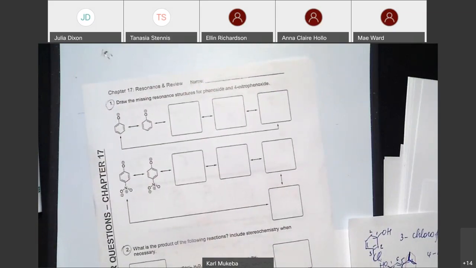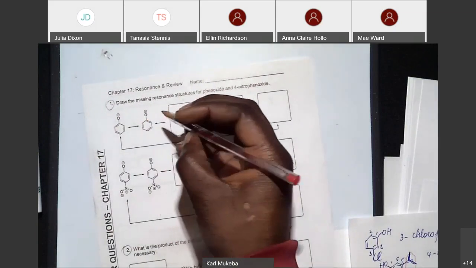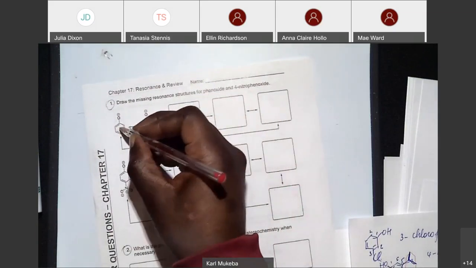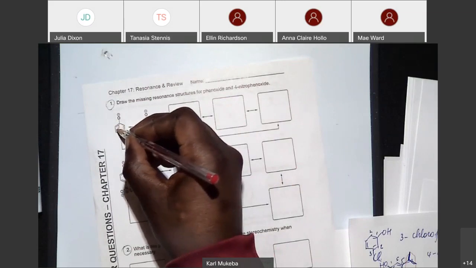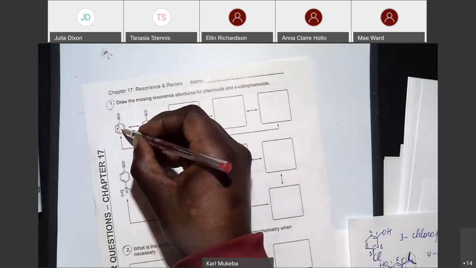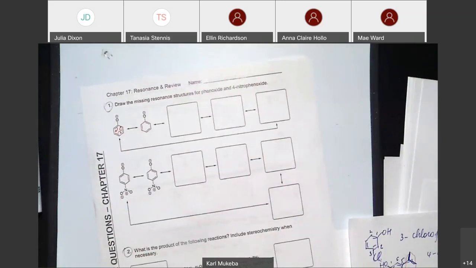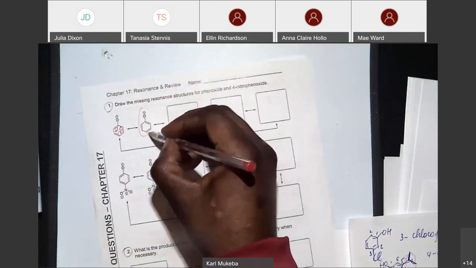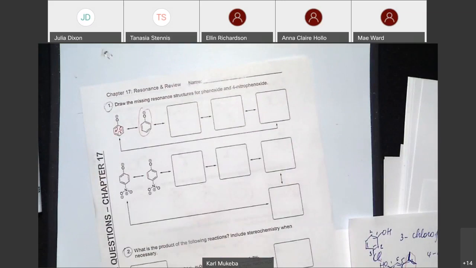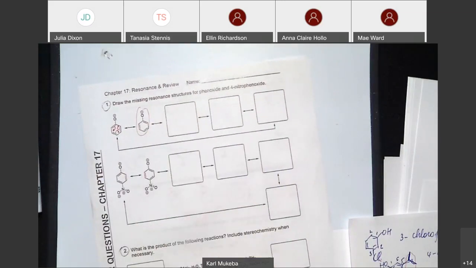It's just a redistribution of your electrons. So let's say we put the arrow this side, right? This gives us this structure. And then from here, what is the next move?